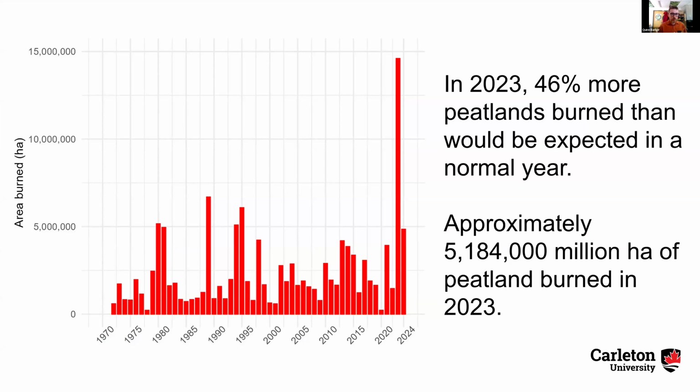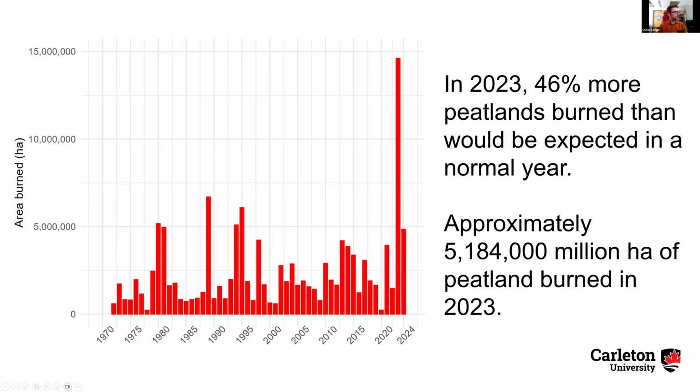We're still figuring out why that happened, why it's fens, not bogs. But fens are minerotrophic, meaning that they're groundwater fed instead of just rainwater fed. So it's possible that has something to do with why they were more fire vulnerable under these drought conditions. It may be that these peatlands are not resilient to climate change when we hit this critical threshold of drought, but we're still figuring that bit out.